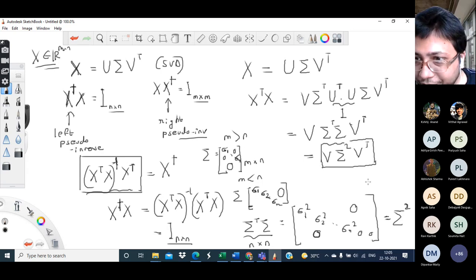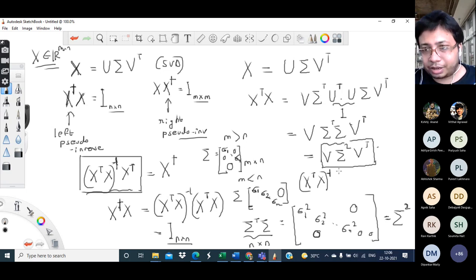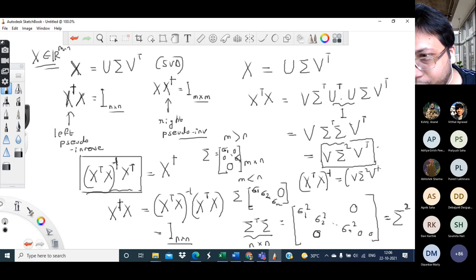So now, if this thing is non-singular and hence invertible, then I will be able to calculate its inverse, X transpose X inverse. Let us see what that inverse looks like. This will basically be V sigma square V transpose inverse.